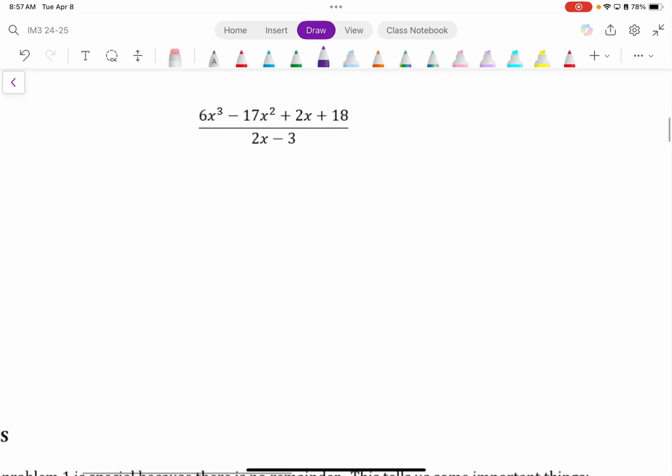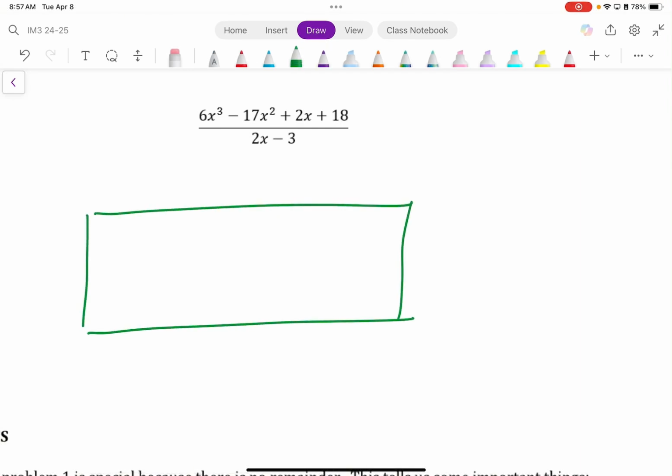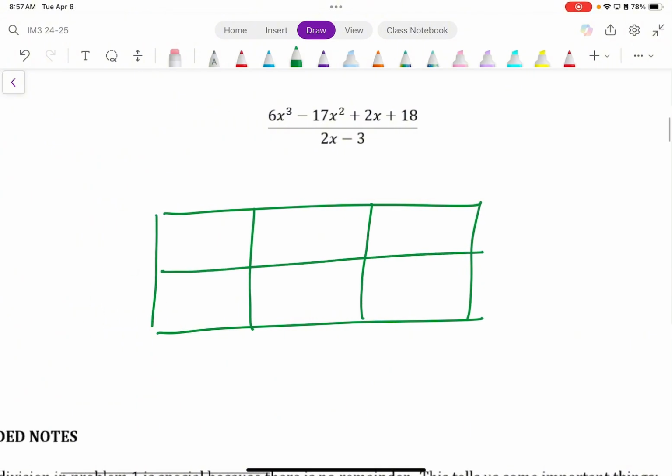All right, so I'm going to require your help on how to set this up. So I'm going to pretend that I don't know what I'm doing, and I'm just going to start by making a giant box. What should I do next? Raising your hand. How many columns do I need? Gio? 3. How many rows do I need? Jason? 2. All right.